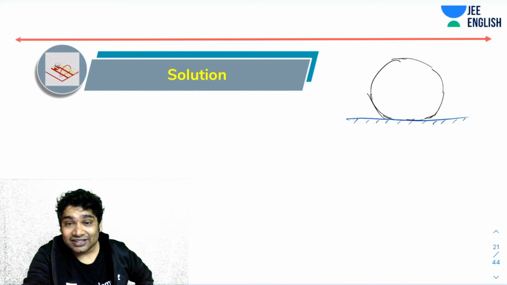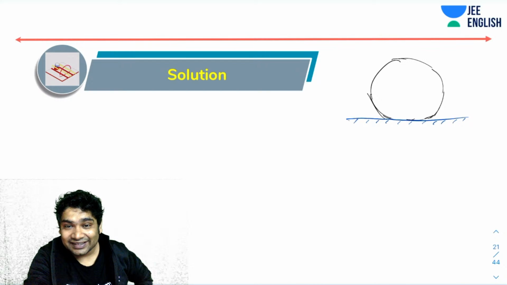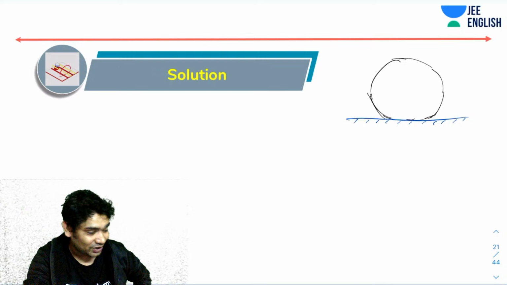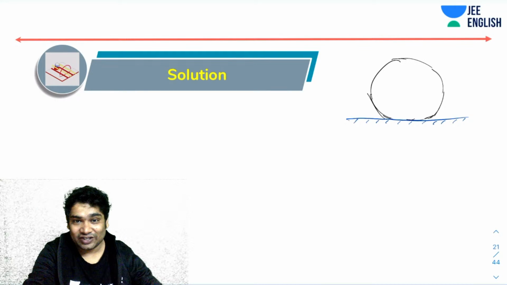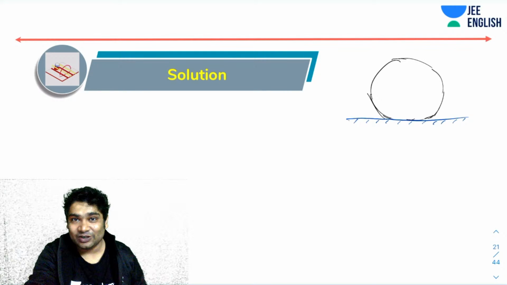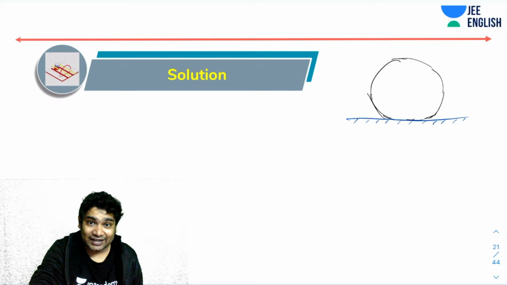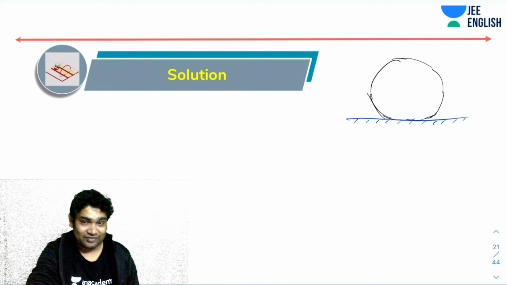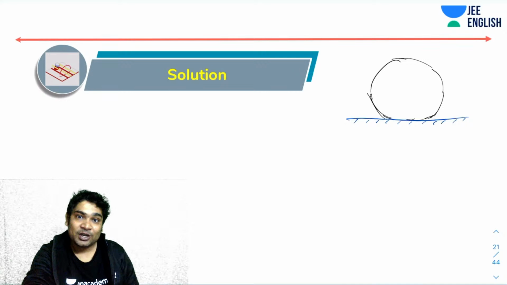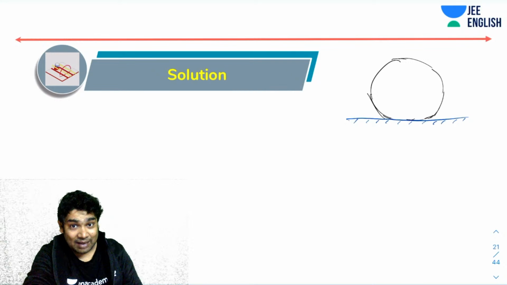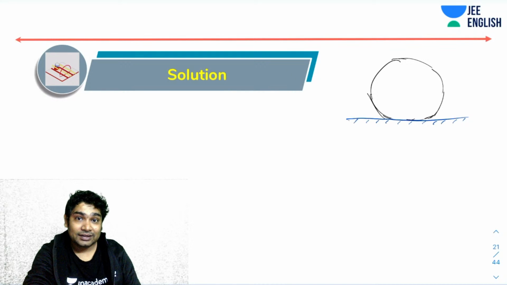Sir, if such type of problems are given in Advanced, there is no time to do them. We can't think about the difficulty level of the question. What do you do? First of all, Sai Teja, don't worry. If you have practiced tougher problems, you can think about this. There is ample time in Advanced.